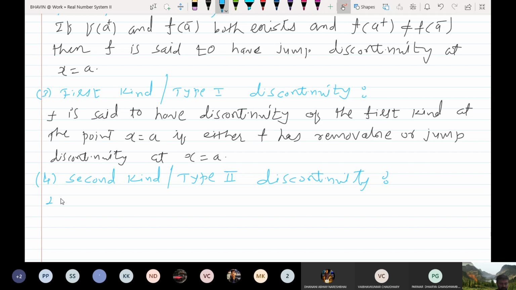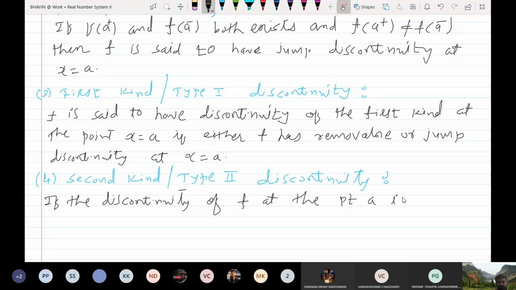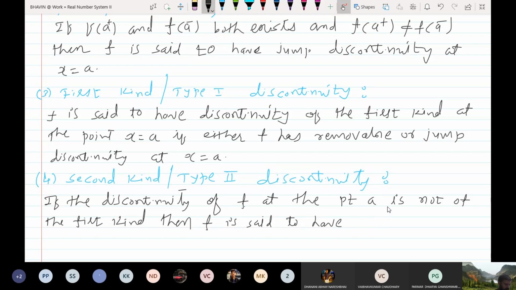If the discontinuity of f at the point a is not of the first kind, then f is said to have discontinuity of the second kind.